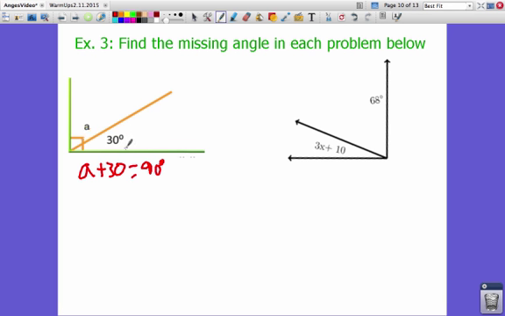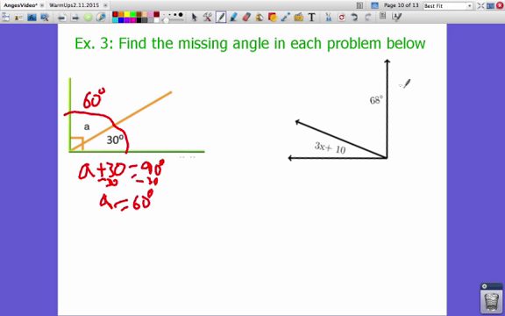So this angle here plus this angle here has to equal 90 degrees. So A plus 30 equals 90. Subtract 30 on both sides. A equals 60 degrees. All right? So A equals 60 degrees.